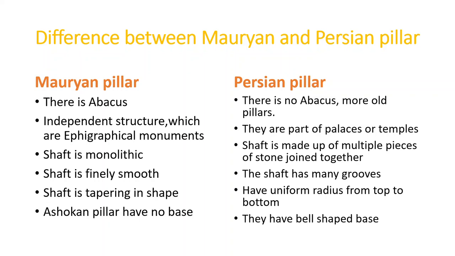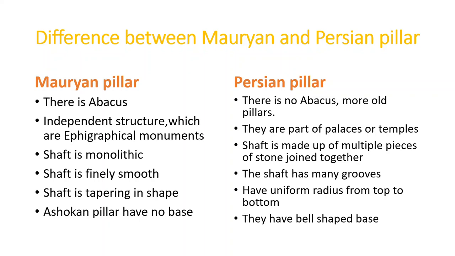Whereas Persian pillars have a uniform radius from top to bottom. Ashokan pillars have no base, whereas Persian pillars have a bell shaped base. So these are the differences between Mauryan and Persian pillars.